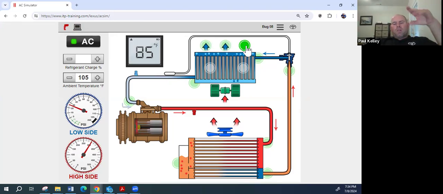Remember, it's all about evaporation in the evaporator and condensation in the condenser. That's why we run refrigerant. Refrigerant evaporates and condenses at the correct temperatures for our system. Oil doesn't do that. So if you have too much oil in the system, that's going to take up space and it's not going to change states. Remember, we're not getting the cooling just because this feels cool.